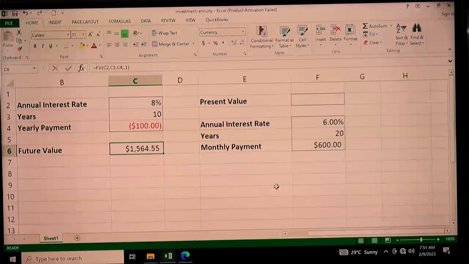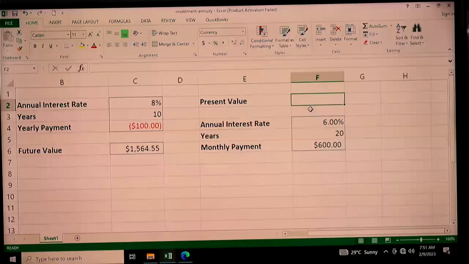So to compute the present value, this is another function that we use. You can write it somewhere. And the present value returns the present value of an investment.